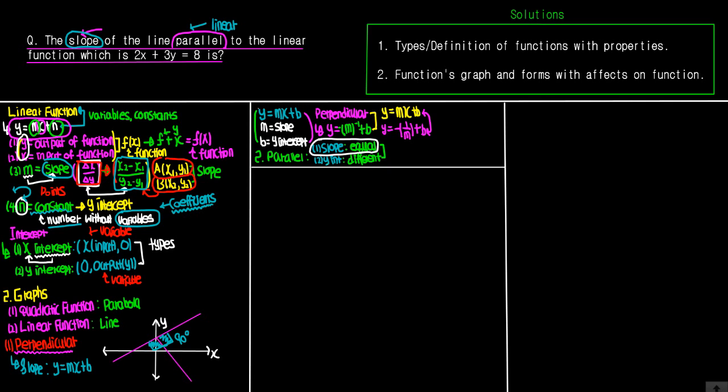The coefficient is exactly the same kind of concept as a constant, a number, except it is a number beside variables, which means it can be numbers beside y or x.